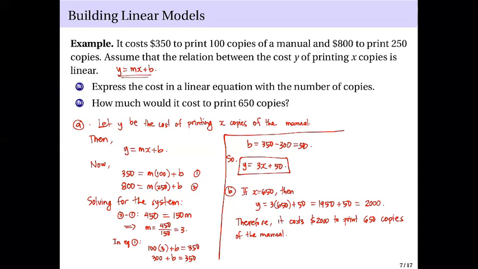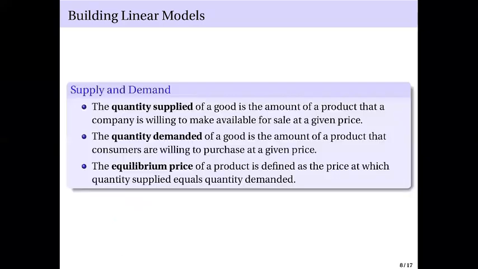Now, for our next problem, let me borrow some concepts from economics. So particularly, we will have supply and demand. The quantity supplied of a good is the amount of a product that a company is willing to make available for sale at a given price.